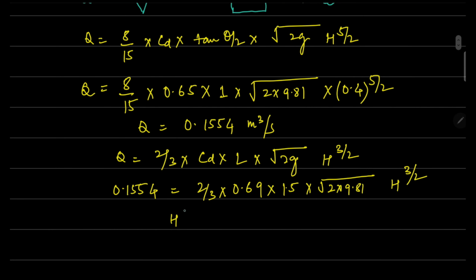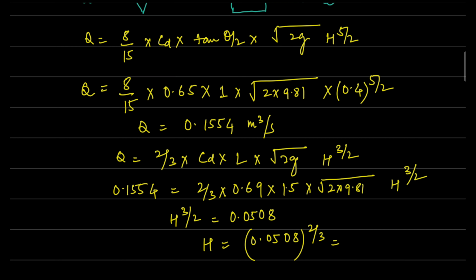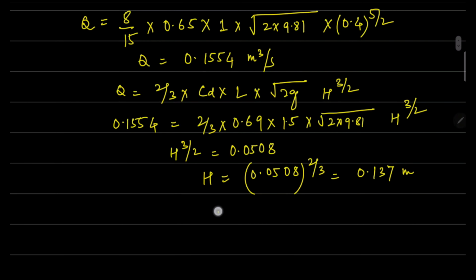So h raised to the power 3 by 2 will be equal to 0.0508. So h is equal to 0.0508 raised to the power 2 by 3, that comes out to be 0.137 meter. So the answer for our problem is h equal to 0.137 meters.